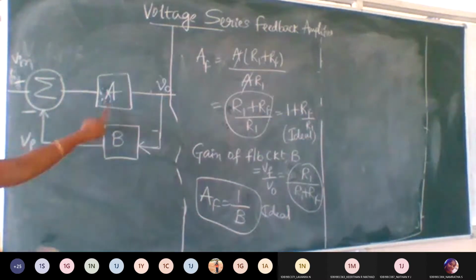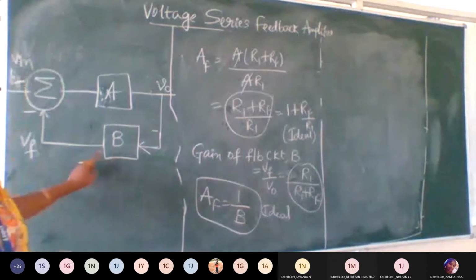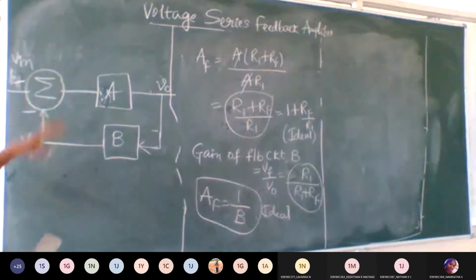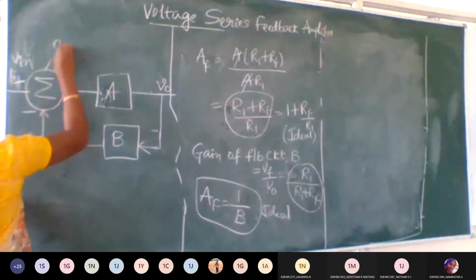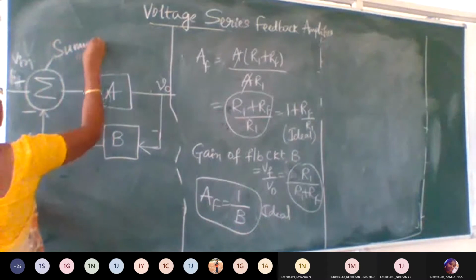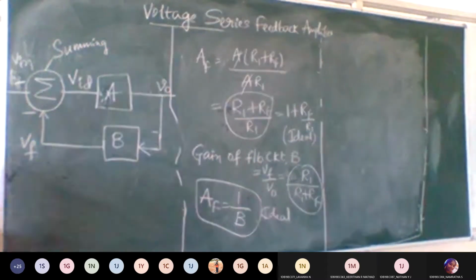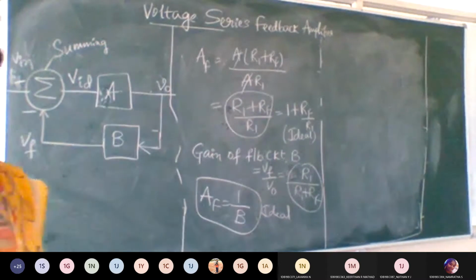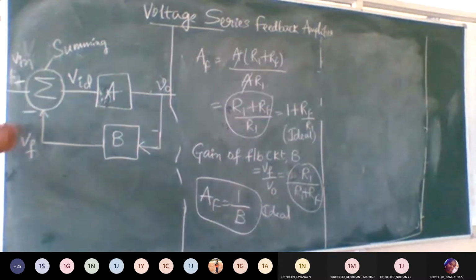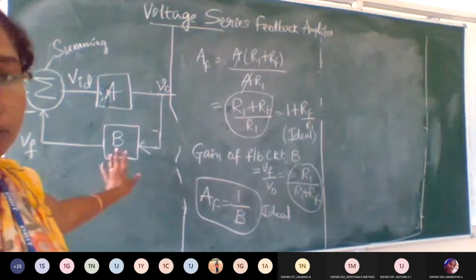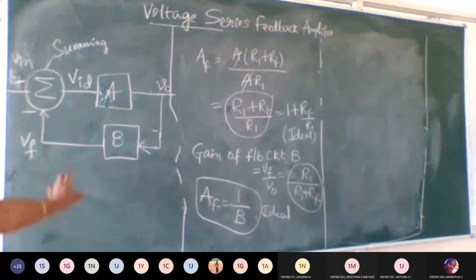So A is an open loop gain, B is the gain of the feedback circuit. You have a summer here, it is going to sum. After the summing, you get a difference input voltage, V1 minus V2. V1 is V in, V2 is Vf. Just a generalized block diagram to show how the feedback is given.